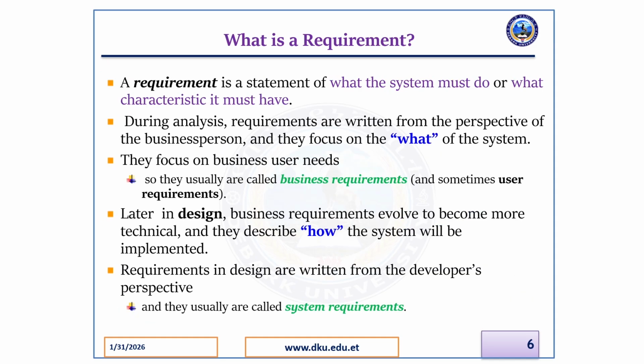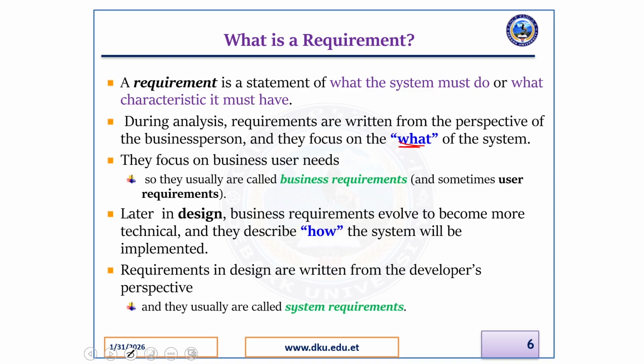So what is a requirement? A requirement is a statement of what the system must do or what characteristic it must have. During analysis, requirements are written from the perspective of the business person, and they focus on the what of the system.